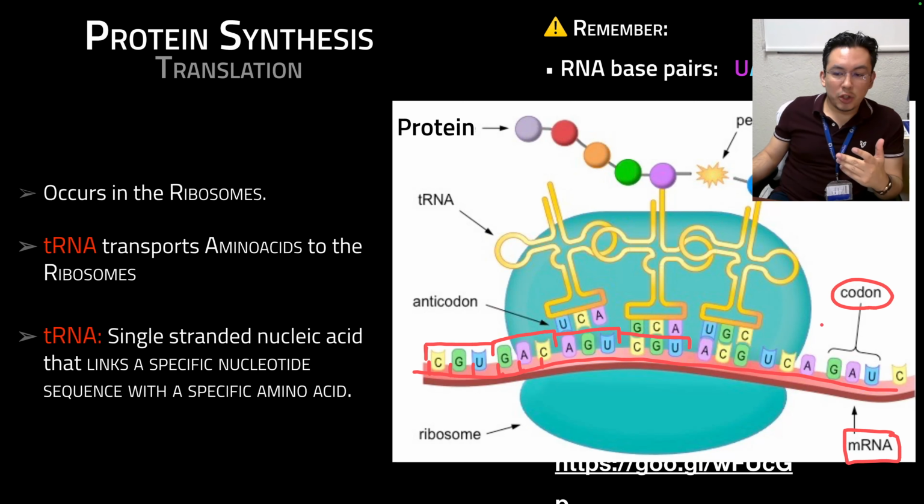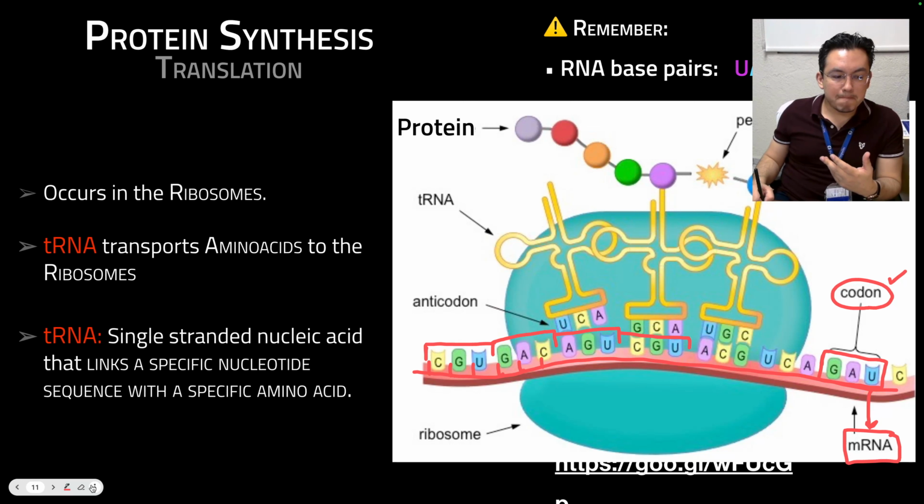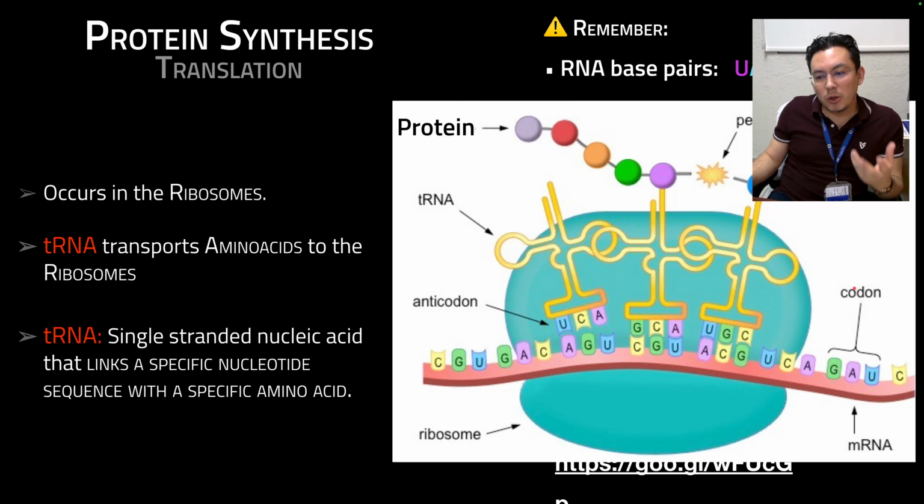And by definition, one codon is a group of three nitrogen bases that are going to be exclusively present in the mRNA. So if I ask you, where is the codon? You would say, in the mRNA, right? Now, what is a codon?